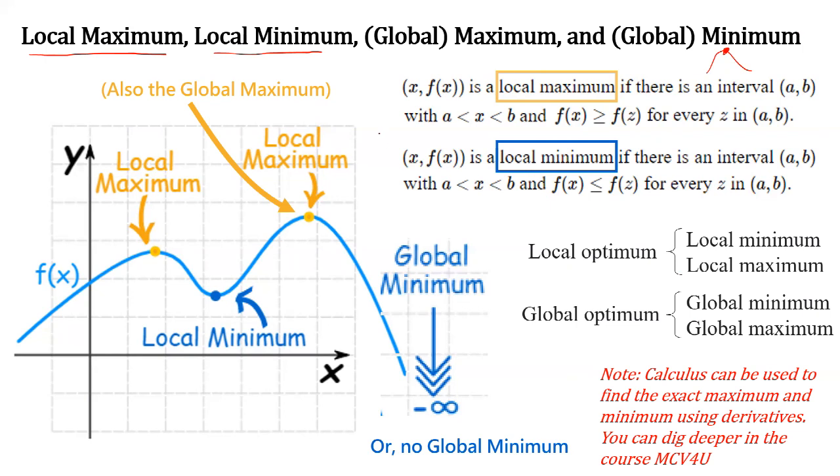So intuitively, if you have a function like this, this point is called the local minimum, right? Sometimes we also use the term local optimum to denote either a local minimum or local maximum.